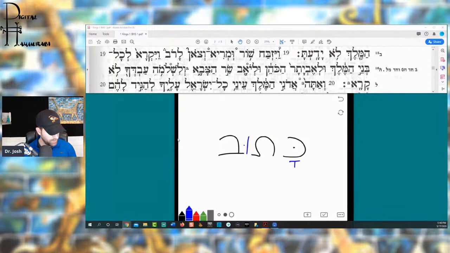Let's go through those. So if the letter katuv, hamichtav katuv, the letter was written or is written. So it's the passive. So kotev would be like it writes.